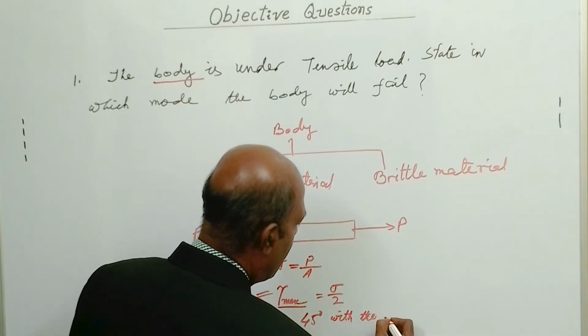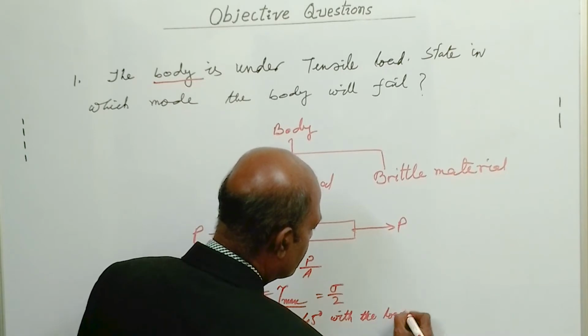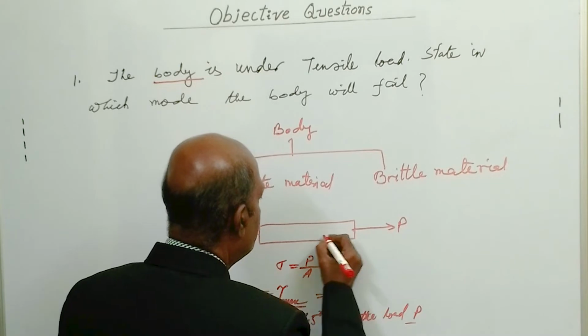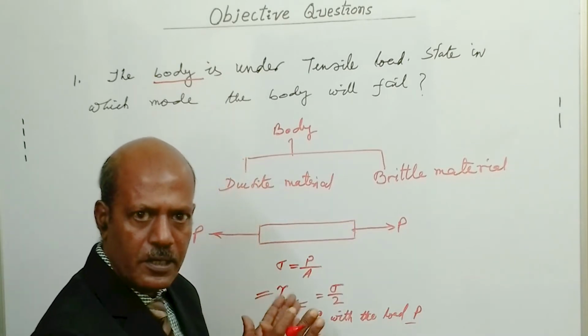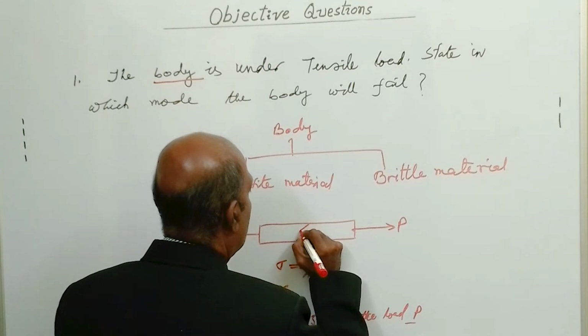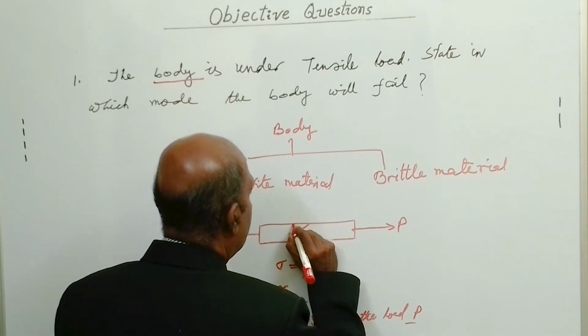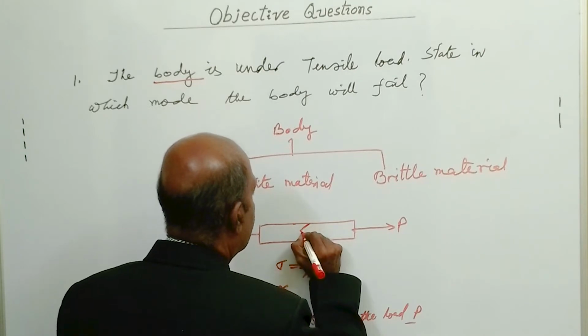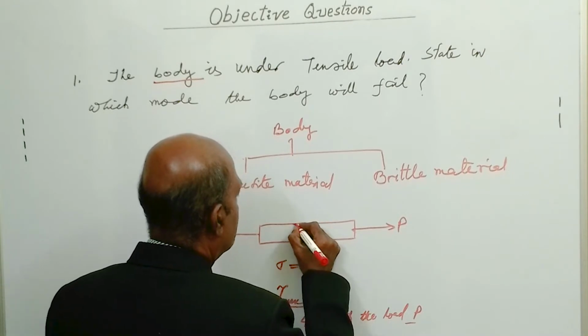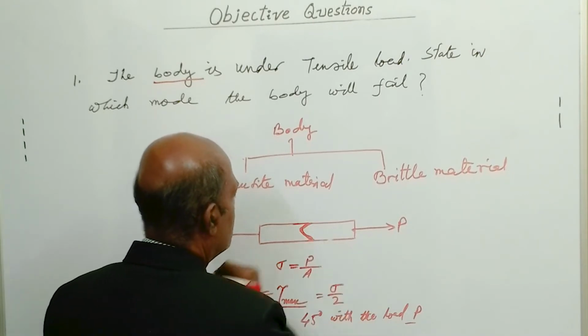Now as the body elongates more before failure, and this tau max occurs at 45 degree with the axis of load P, the body will fail and it will form a cup cone shape, like this. So this one is cone section and this one is cup section.